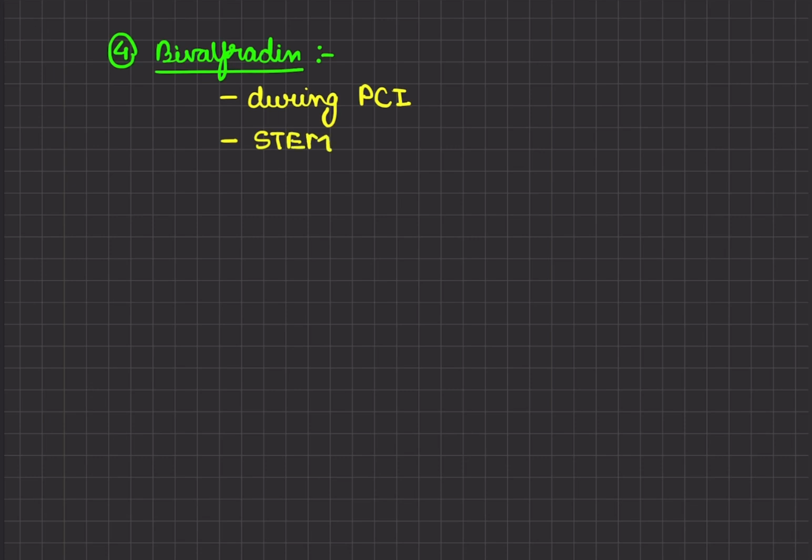Fourth drug is bivalirudin. This drug is used during PCI, used in condition ST elevated MI with HIT, that is heparin induced thrombocytopenia.